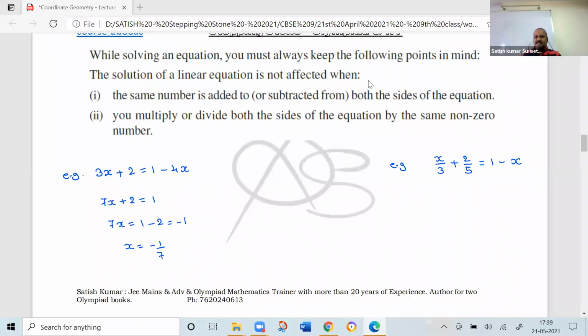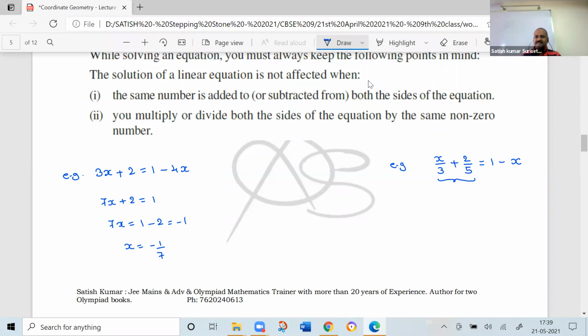Let us take the LCM here. What is the LCM of 3 and 5? 15. So the numerator will become 5x plus 6 equal to 1 minus x. Now cross multiply. So 5x plus 6 equal to 15 into 1 minus x. Remember, when you are cross multiplying, you should write in brackets.